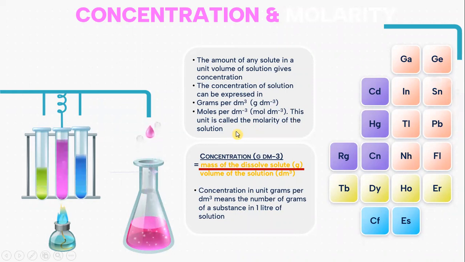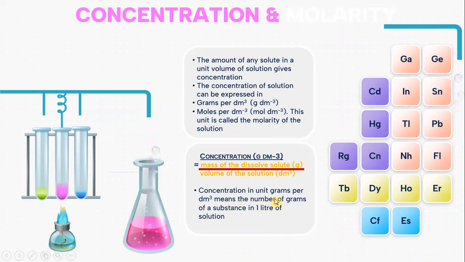This unit is called the molarity of the solution. The formula for concentration in grams per decimeter cubed is the mass of the dissolved solute in grams divided by the volume of the solution in decimeters cubed.